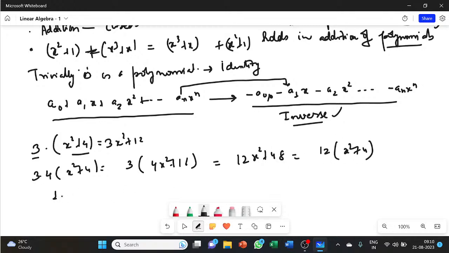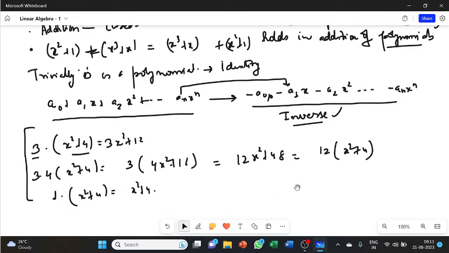There exists a unity which gives x square plus 4 equal to x square plus 4. I have taken an example to make you understand these things; you can generalize it as well. So with regard to scalar multiplication also, all the requisite properties for vector spaces will be satisfied.